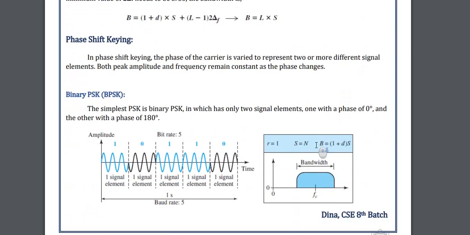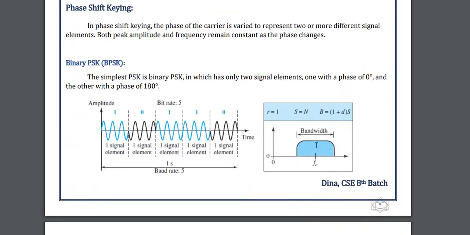Now moving on, we will look at phase shift keying. That means the shift keying depends on the phase. If we see the diagram, we can easily understand that when the input value is 1, the wave is normal, but when it is 0, the wave goes in the reverse direction. When it is 1 again, the wave is normal. When two consecutive 1s come, the wave is normal, but when a 0 occurs, the wave goes backwards.